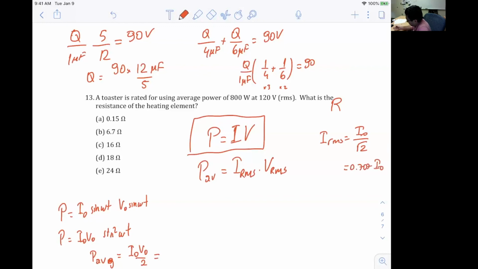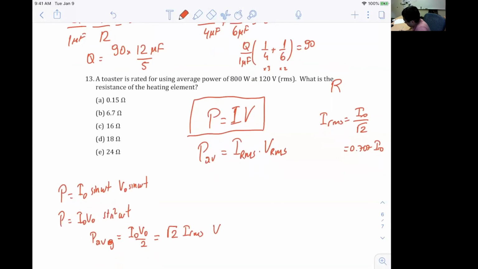Same for the potential. So for I naught, you can write square root of 2 times IRMS. So V naught, you can write square root of 2 times VRMS. And when you divide by 2, the square roots and 2 are going to cancel, and you have IRMS times VRMS. It's about what's the average power.